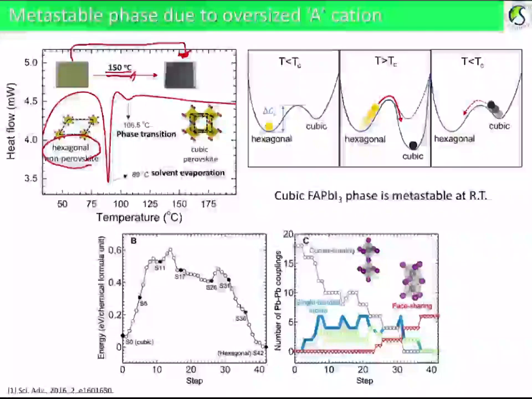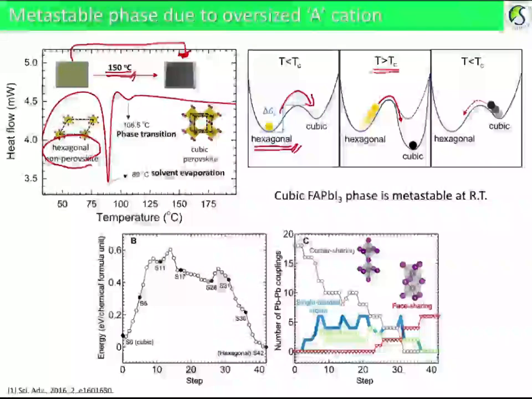So we still require some energy to convert the hexagonal non-perovskite phase into the cubic perovskite phase. So at a temperature above some critical temperature, the cubic perovskite phase will be stabilized and the hexagonal phase will be converted into the cubic phase.